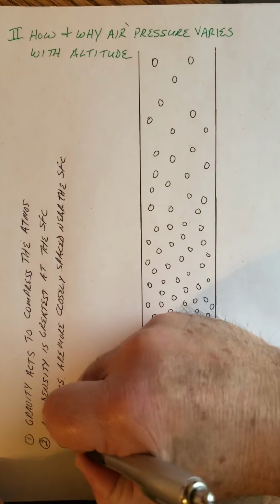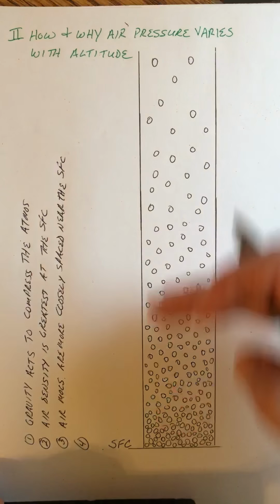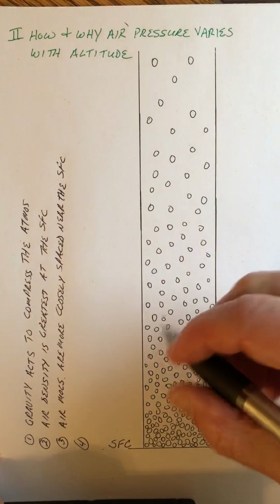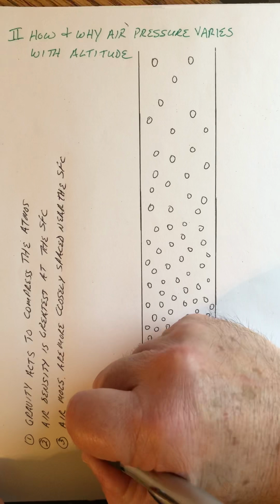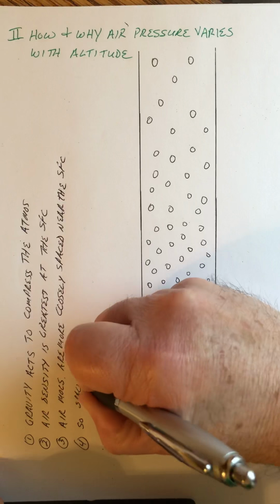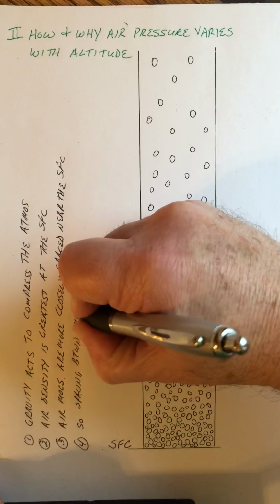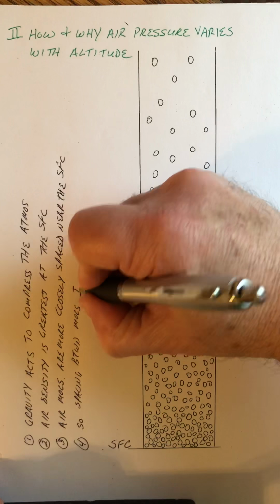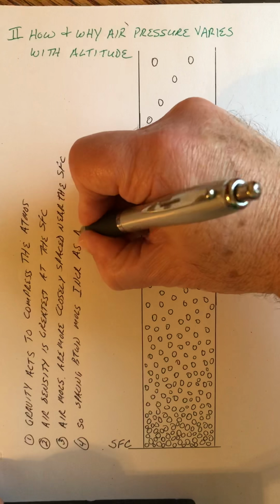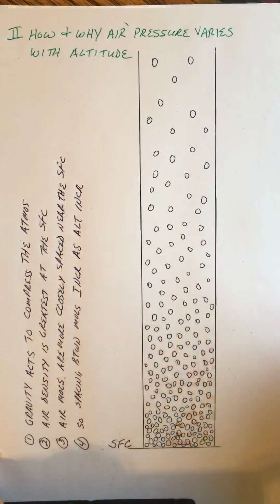All right, so if air molecules are more closely spaced near the surface, that means that the spacing between molecules will increase as the altitude increases. Okay.